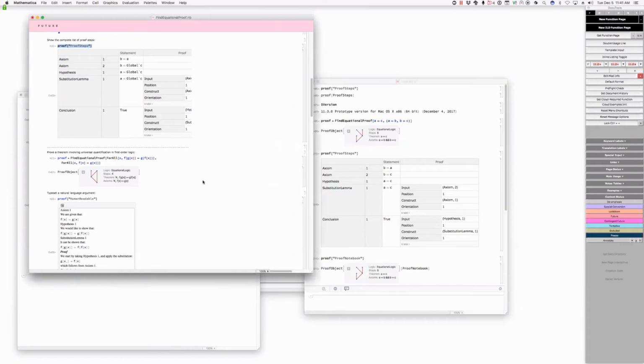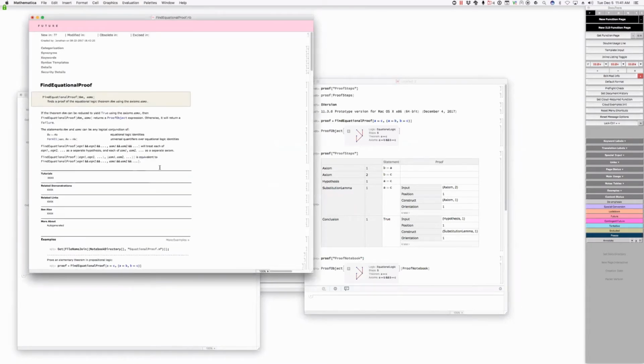Okay. Well, this doesn't have any. But okay, so this property should go in the other, in proof object. In the proof object, yeah. Okay, can be reduced to true using the axioms, then find equational proof.